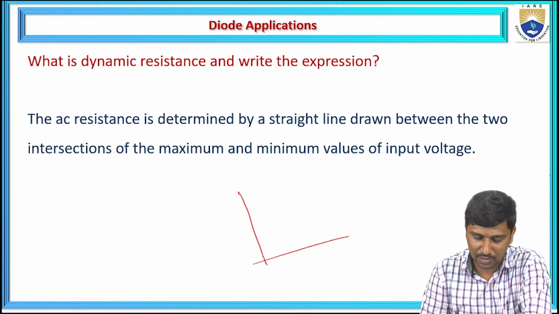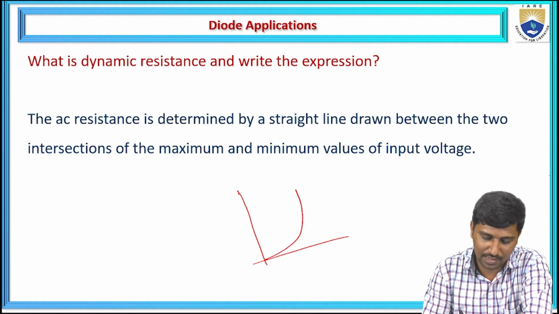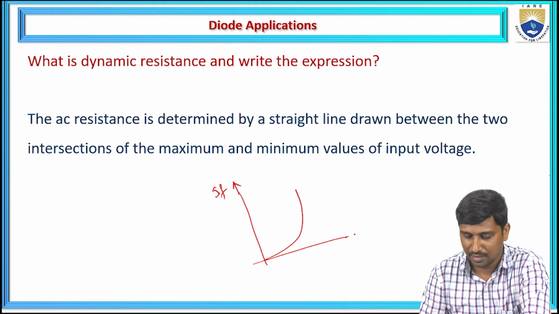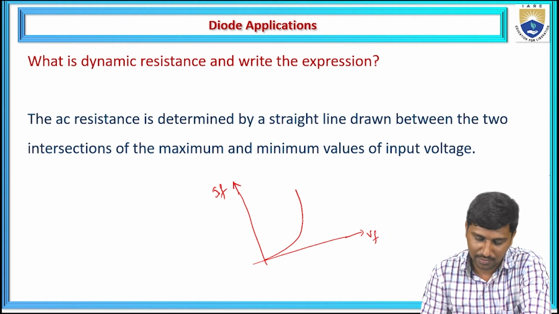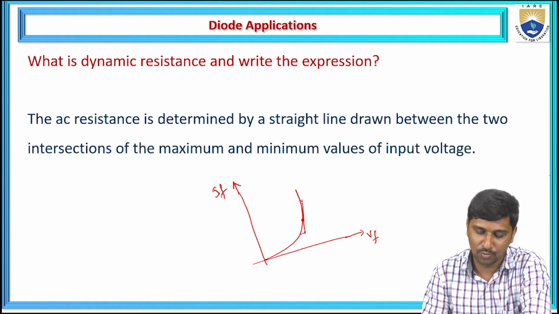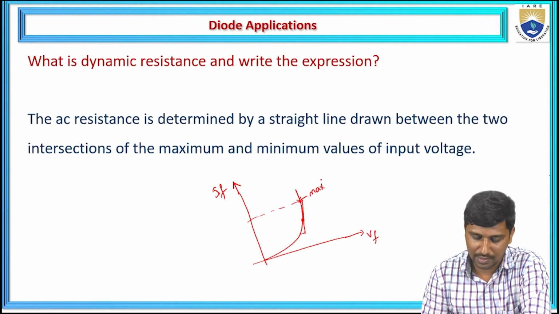Let us take the VI characteristics of the P-N junction diode. This is the diode forward current, and the x-axis is the diode forward voltage. Suppose there is a Q point, then we need to draw one tangent line. This tangent line intersects two points. One point is the maximum node, and the other defines the minimum values.